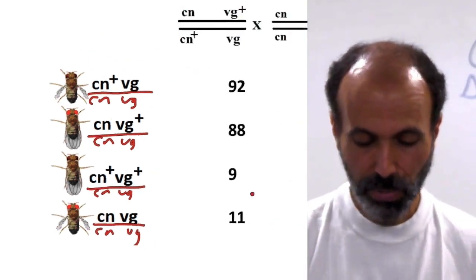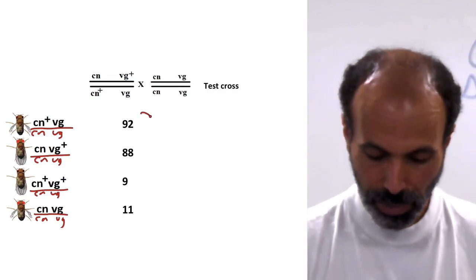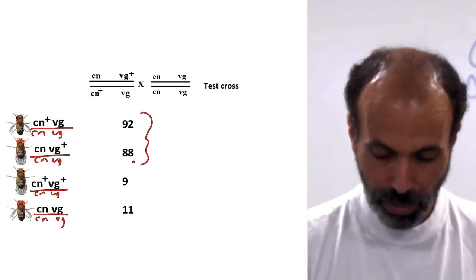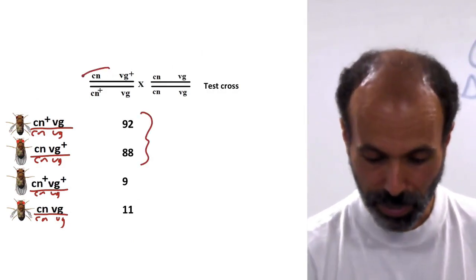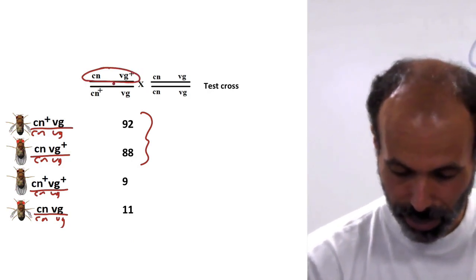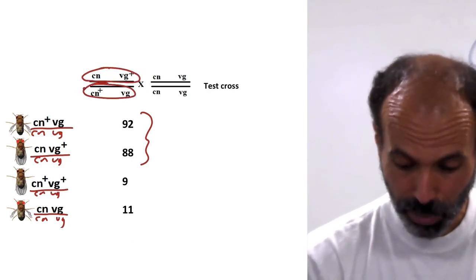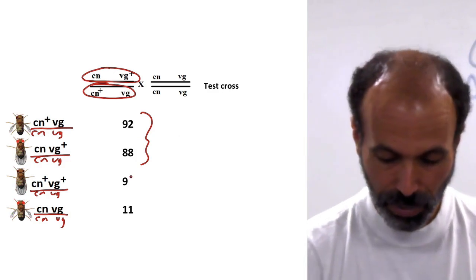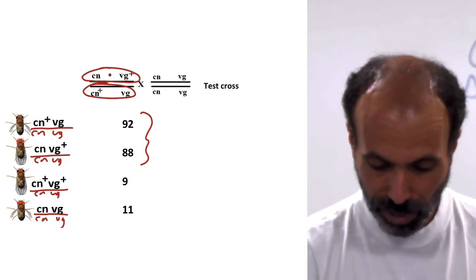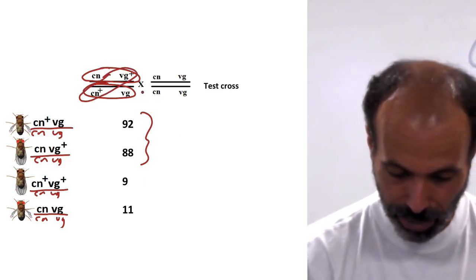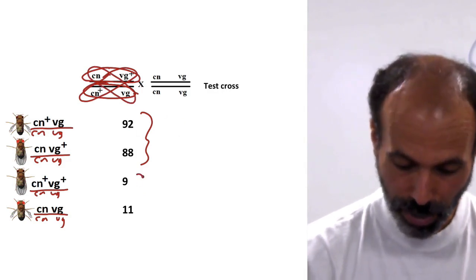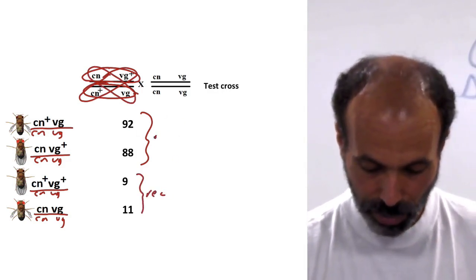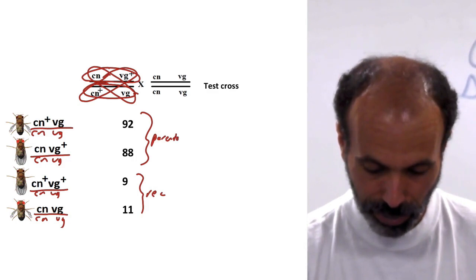Let's say you got these numbers. What does this tell you? Well, these are all the parental types, right? These are the ones that match. Basically, they got this gamete from their mom, or they got this gamete from their mom. So these are parentals. These lower ones here are recombinant because they had to get either this form or that form from mom. So these are the recombinants, these are the parentals.